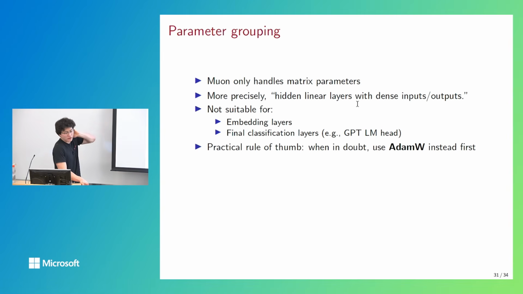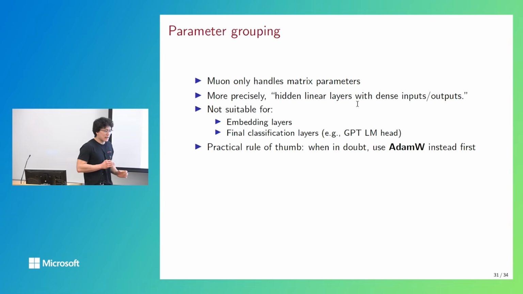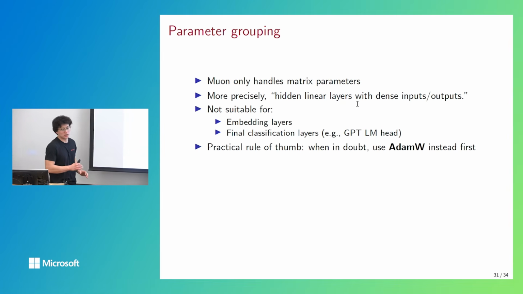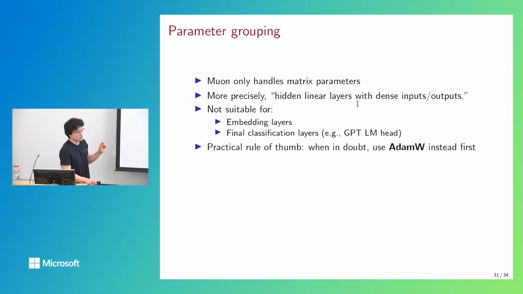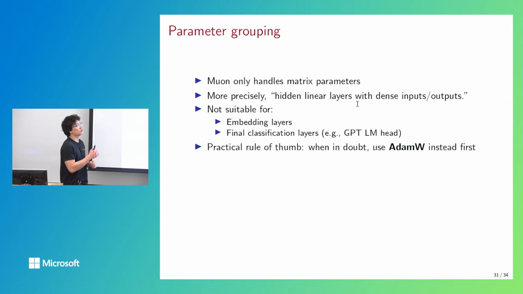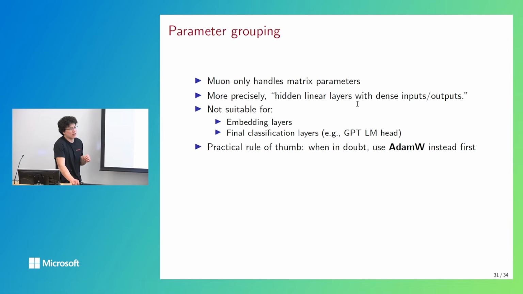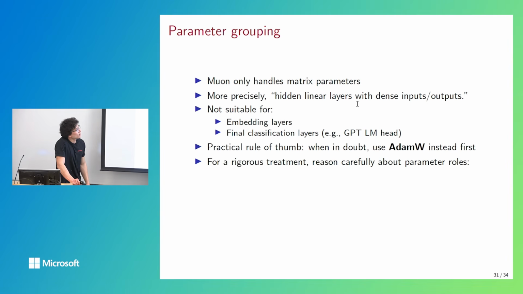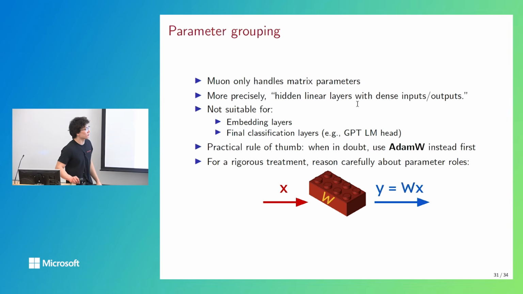The practical rule of thumb when you're integrating this new optimizer into your code base, and I cannot speak for all the different components people are using in neural networks, is that when in doubt, start using AdamW as you were just training before. Then you can be more careful about whether you can use Muon on this one. So you start with AdamW first, and later, if you really want to get things right, you can carefully think about each parameter's role based on the principle I was talking about.